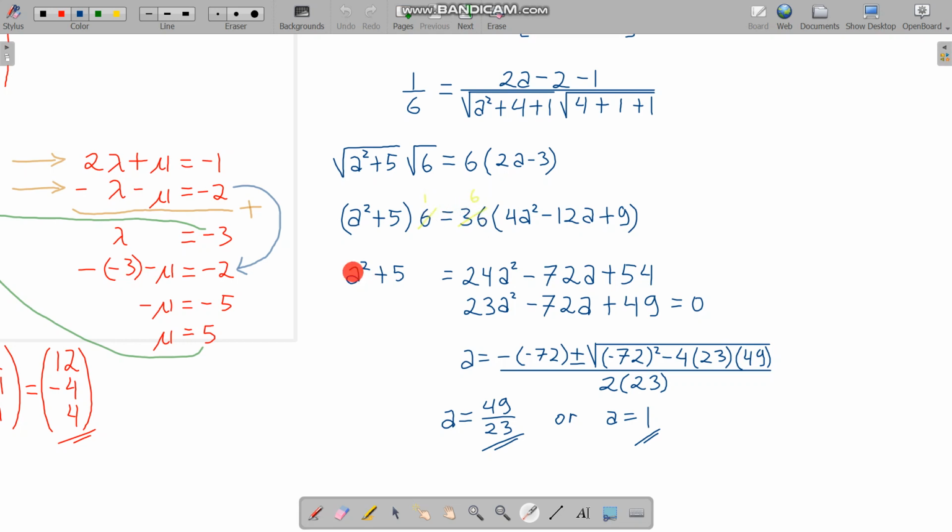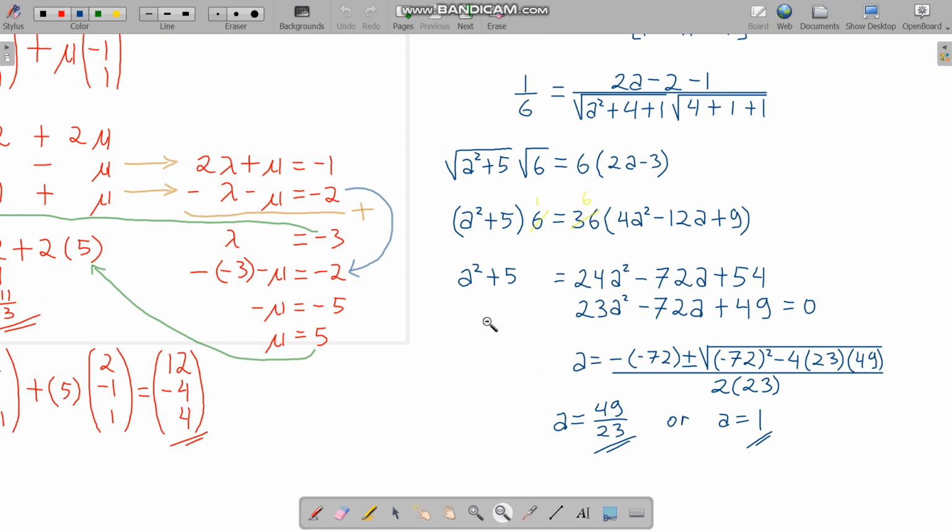So we have just a squared plus 5 on the left. On the right, 6 times 4, 6 times minus 12, 6 times 9. You expand and move everything to the right. So 24 minus 1 and 54 minus 5. And we use the quadratic formula, minus b plus minus square root of b squared minus 4ac all over 2a, and you get the value of a. We have two possible values.